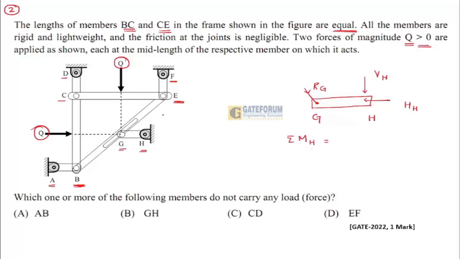The members AB, CD and EF are link members, hence they carry only axial loads. By the moment I can clearly say RG is equal to 0, that is the reaction at point G.